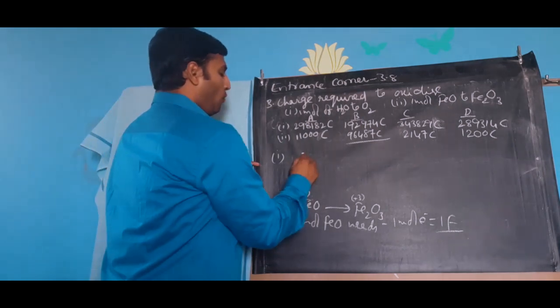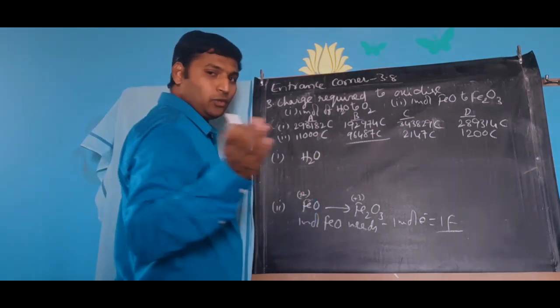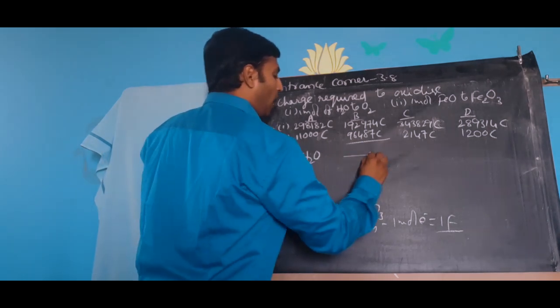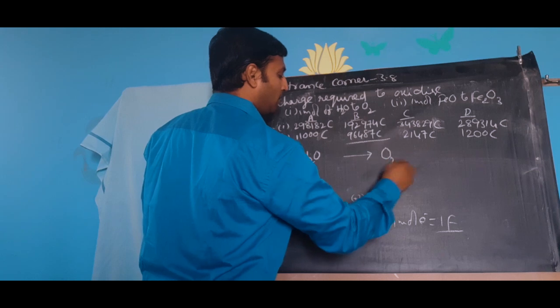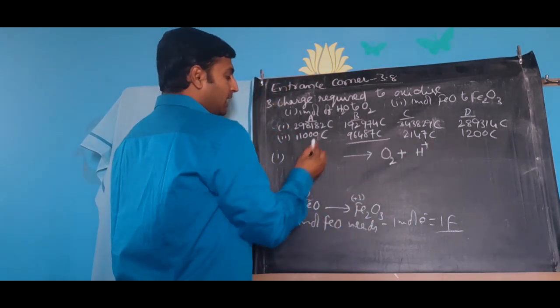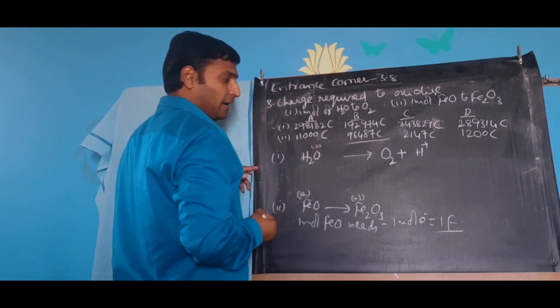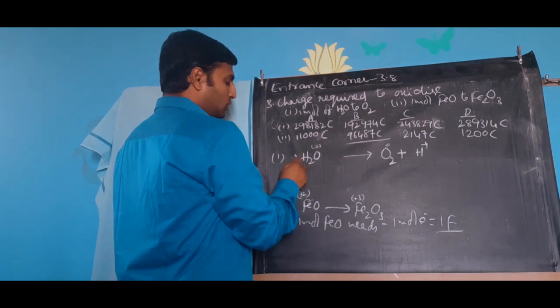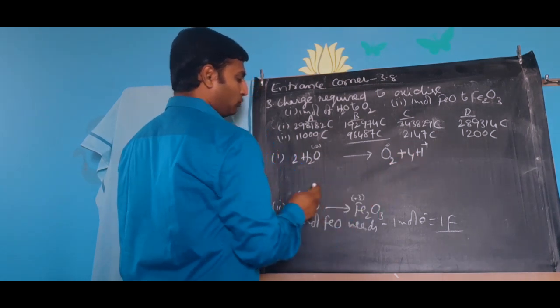See, water, as I explained when I was explaining product formation during electrolysis, water undergoes oxidation and forms oxygen, and of course H plus ions as the byproducts. Oxygen is changing from -2 to 0. Then in order to balance, you will have to put 2 here, you will have to put 4 here.